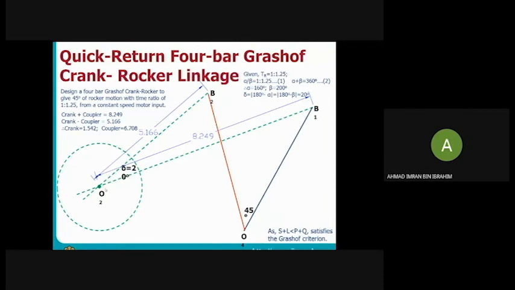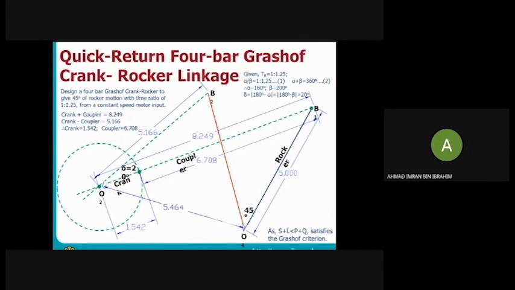Which is your O2 to A is 1.542. Coupler should be 6.70408, and then the distance from here to here is another distance, which is 5.464.